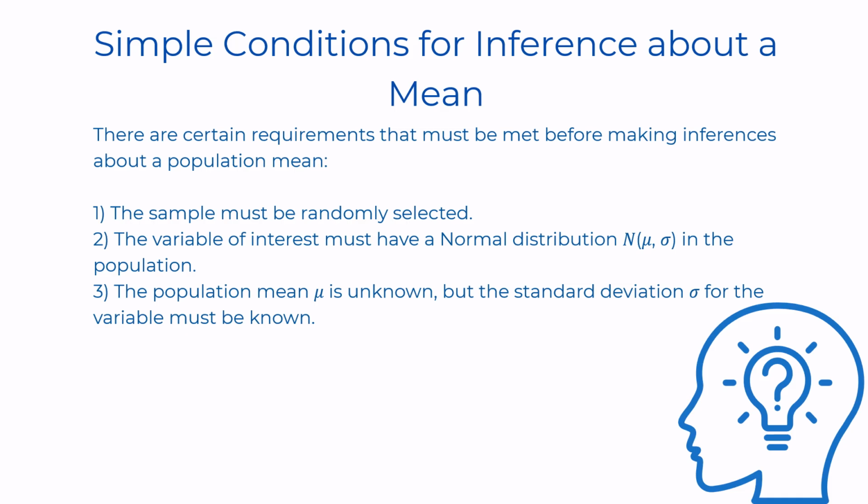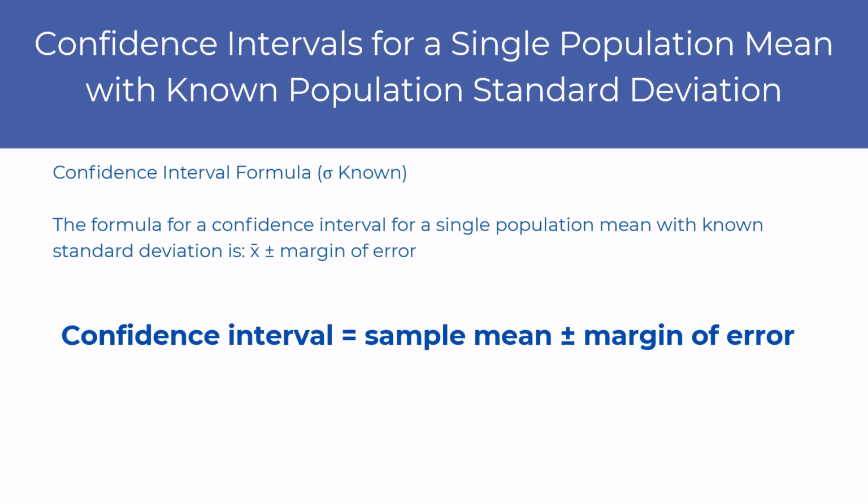So having said that, let's now look into the confidence intervals for a single population mean with known population standard deviation. So the formula for confidence interval is x bar, or the sample mean, plus minus the margin of error.